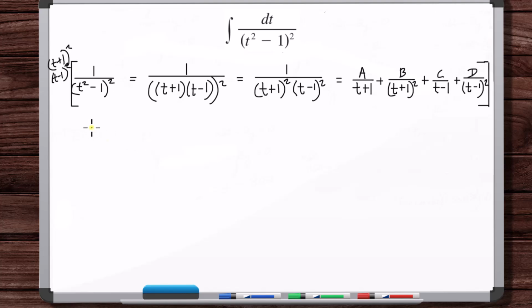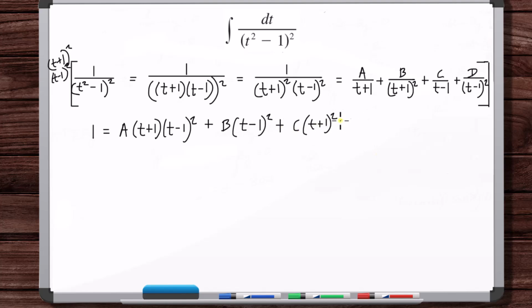So we've got 1 is equal to A times (t plus 1)(t minus 1) squared, plus B times (t minus 1) squared, plus C times (t plus 1) squared (t minus 1), plus D times (t plus 1) squared.